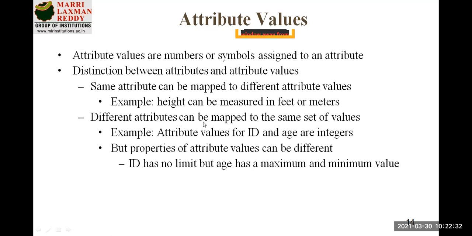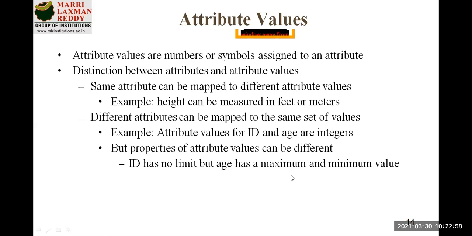Different attributes can be mapped to the same set of values. For example, attribute values for ID and age are integers. Because of the constraint that they are integers, they can be mapped into the same set of values. But properties of attribute values can be different. So attributes can be mapped, but their properties will vary. For example, ID has no limit, but age has a maximum and minimum value.